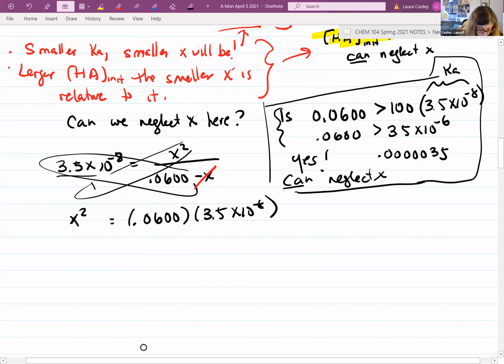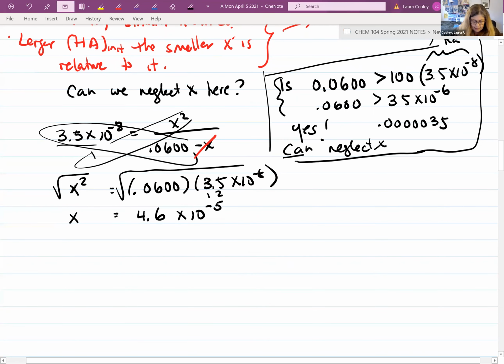I don't know what that is, but if you take the square root of it, it's 4.58. But there's only 2 sig figs, because there's only 2 sig figs there. So let's just call it 4.6 times 10 to the negative 5th.